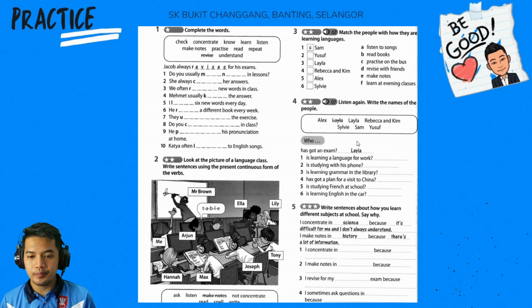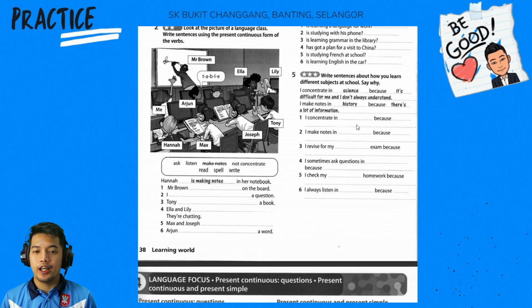Alright. And number 5, you need to construct sentences about how you learn different subjects at school and say why. For example, I concentrate in science because it is difficult for me and I don't always understand. Number 2, I made notes in history because there is a lot of information.